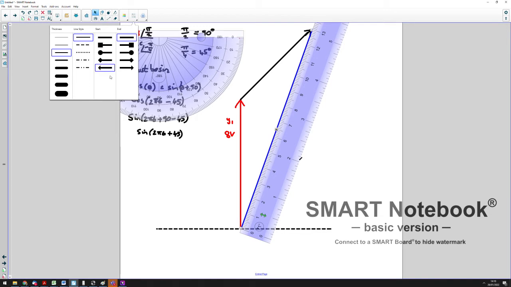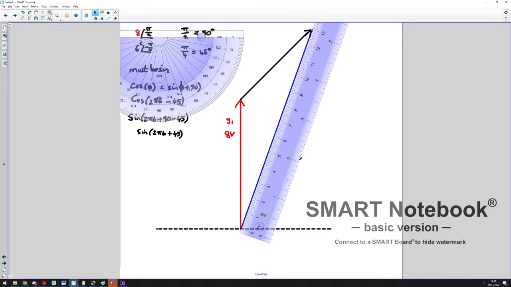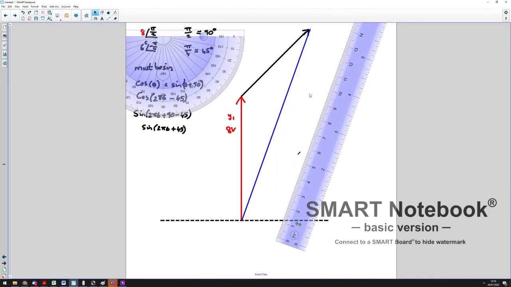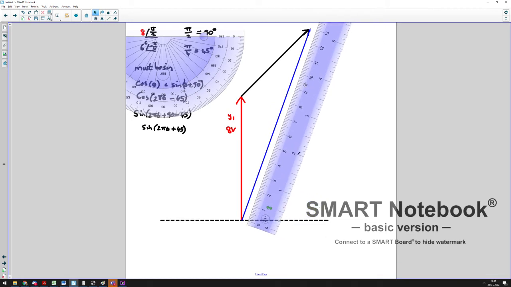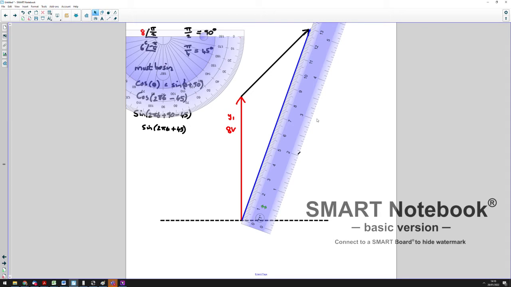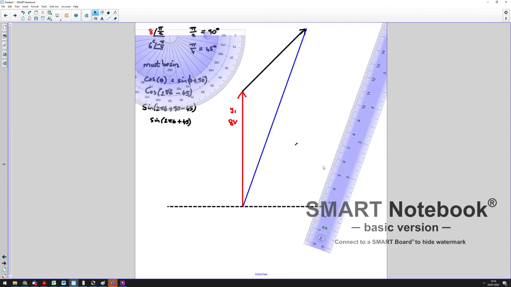Put an arrow on the start. And you can see that that is 13 volts by our measurement, 12.9 volts, I think, if we were getting desperate to be accurate with it.